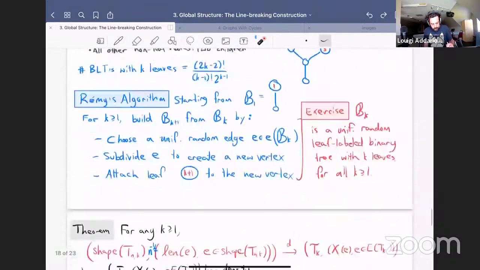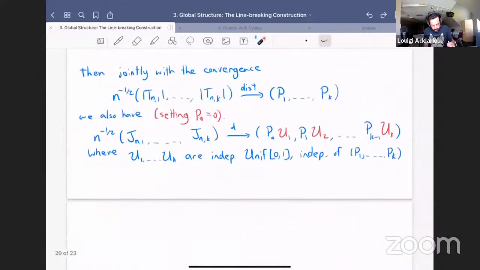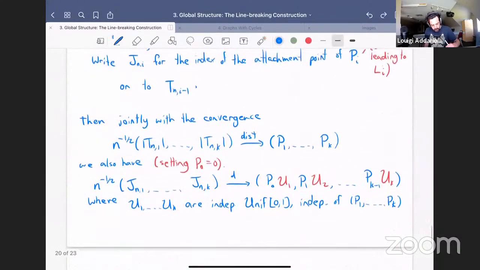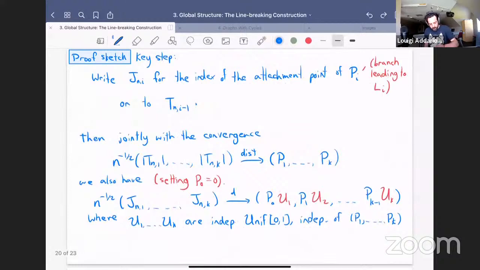Right. So after all that back and forth, this fact, jointly with the convergence of the lengths of the points of the Poisson process, means the attachment locations just look like they're uniform on the previously grown tree.